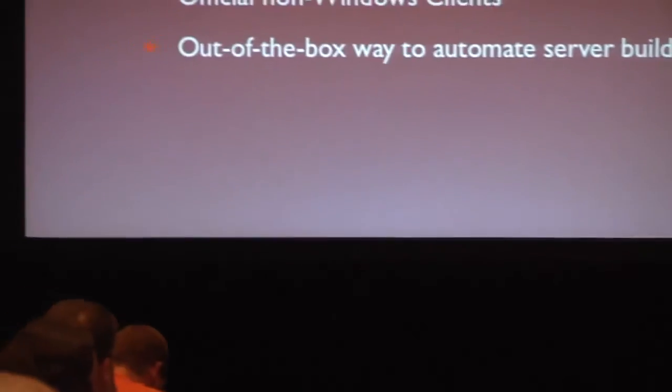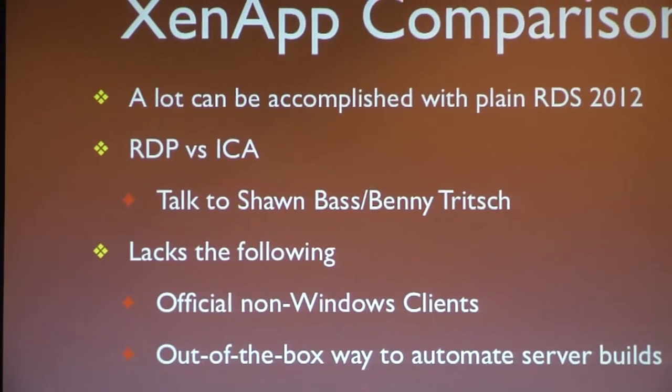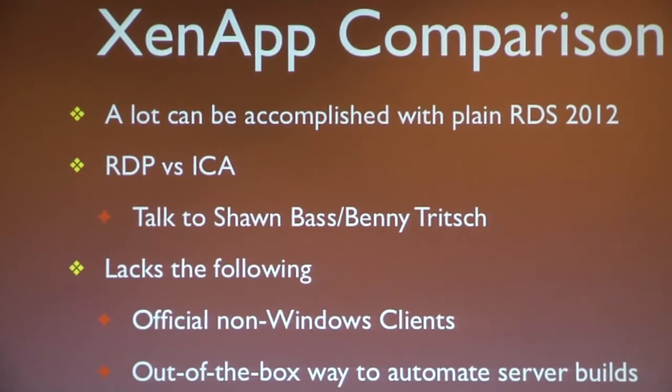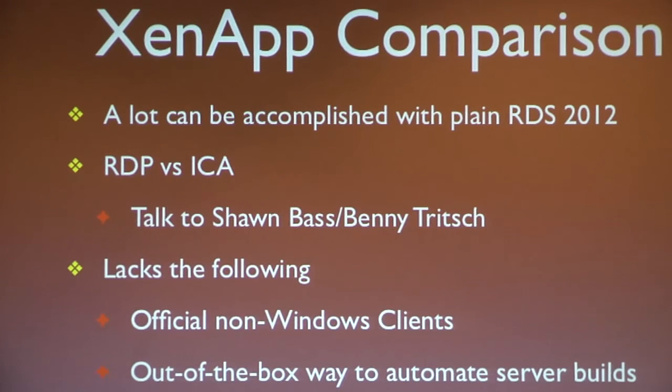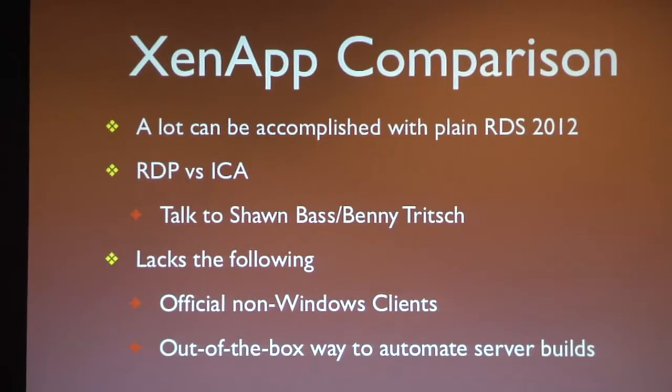Out of the box with RDS, there is no way to automate server builds. If you want to automate everything, then you need to bring, let's say, MDT into the picture. With Citrix, out of the box, XenDesktop 7, you have MCS, Machine Creation Services. You have PVS.